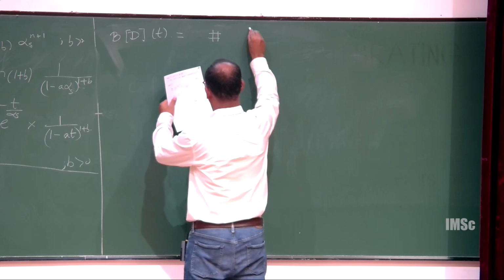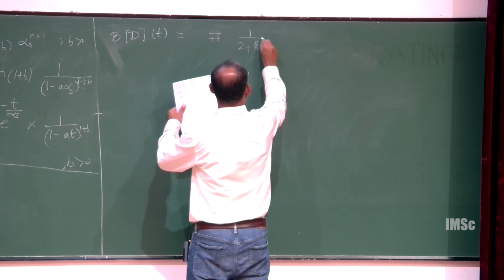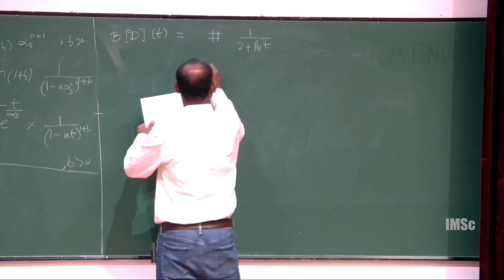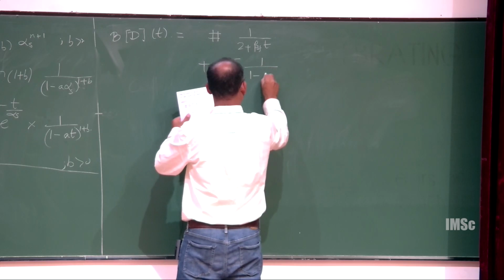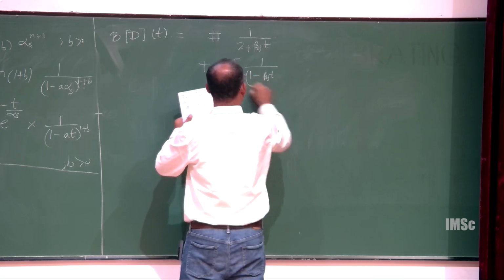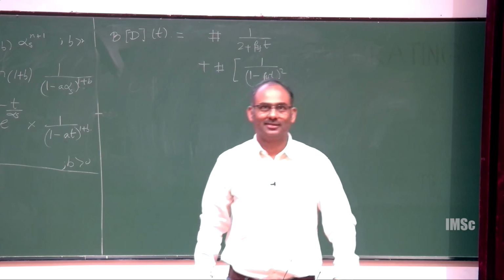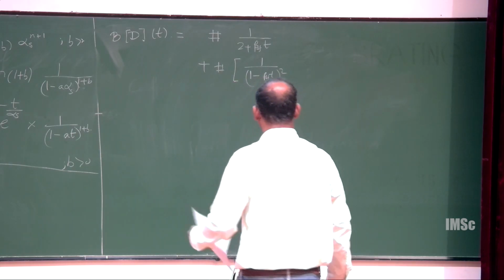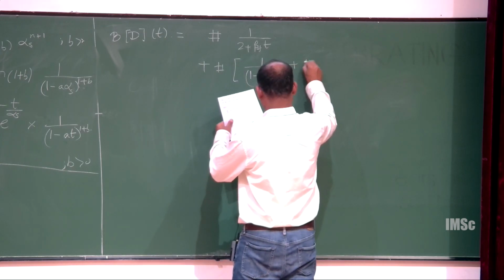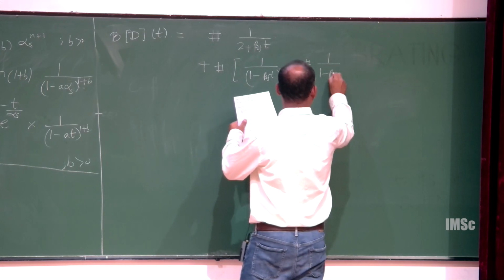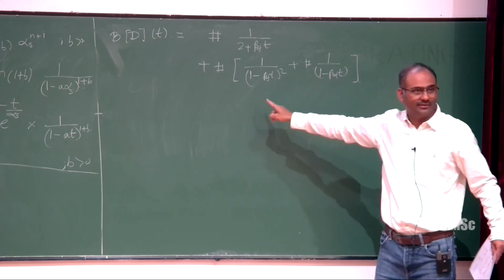I hope there is no mistake: 2 plus beta naught f times t, and then some other pieces, plus some factor here. Okay, agreed? That's what we have.